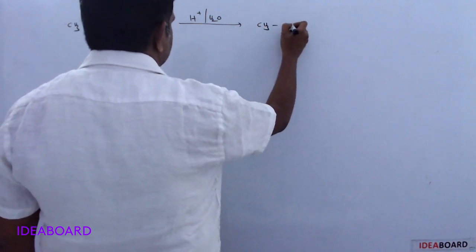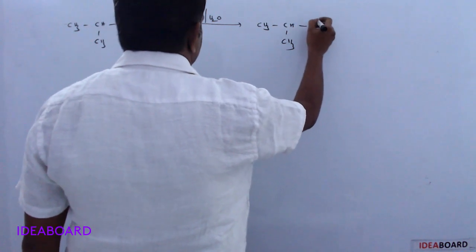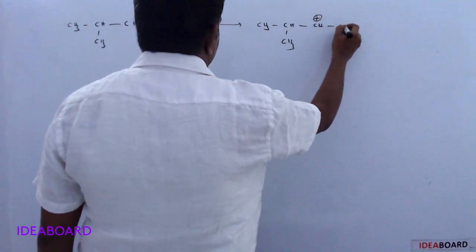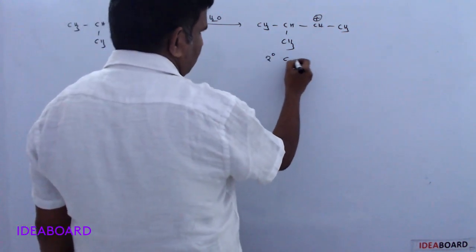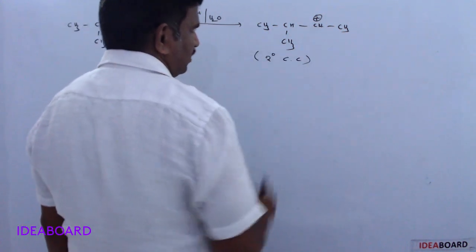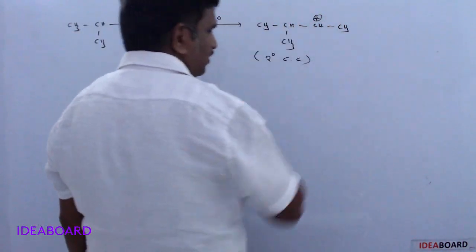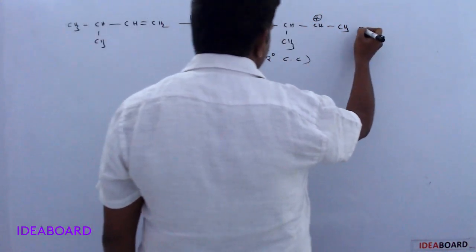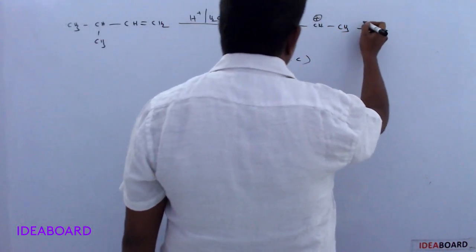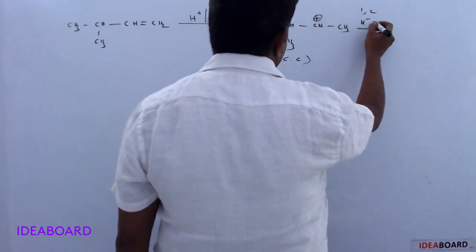So you get CH3, CH, CH3, CH plus, and here it is CH3. This is a secondary carbocation. But the next carbon is a higher degree carbon atom. This is a tertiary carbon. So this will undergo a hydride shift. A 1,2 hydride shift occurs.